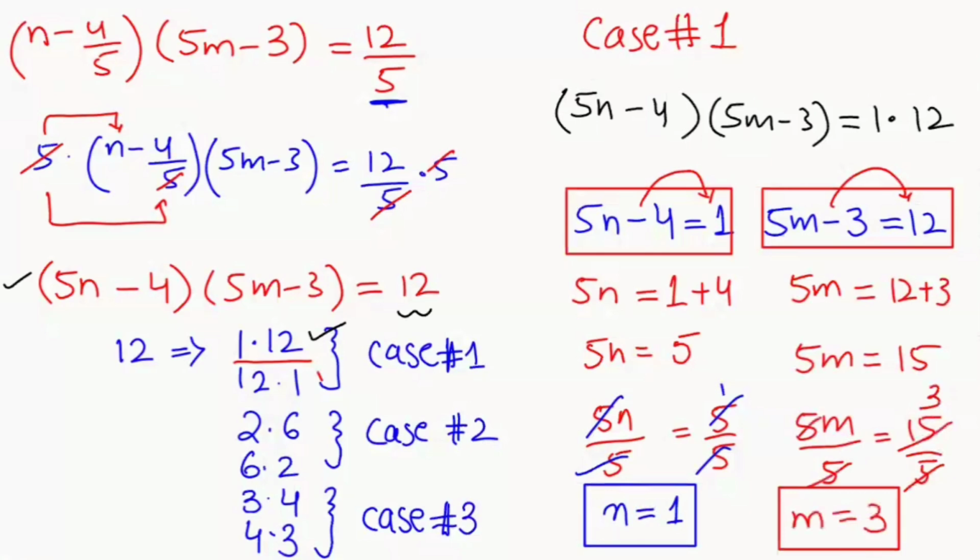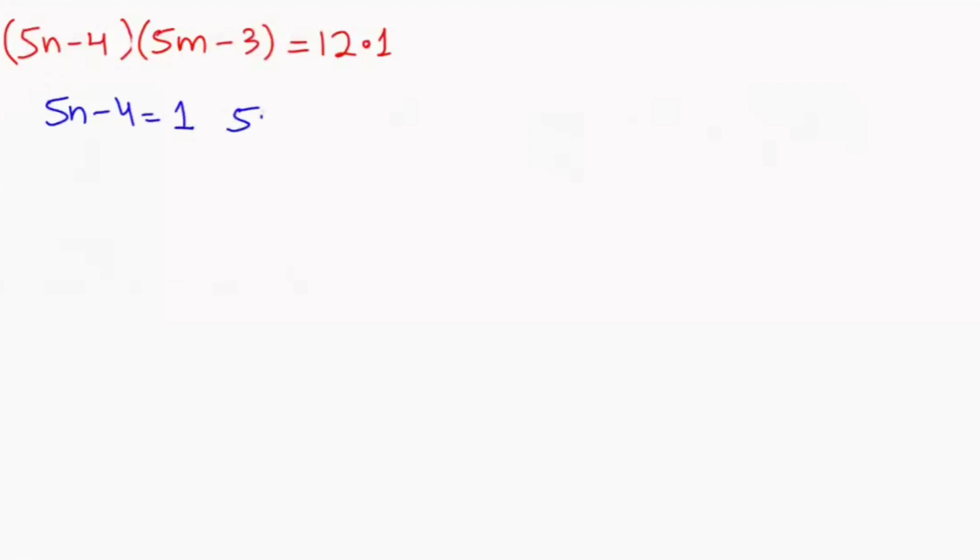Now next I am going to take 12 times 1. 5n minus 4 times 5m minus 3 equals 12 times 1. Now we are going to compare it. 5n minus 4 equals 12, and 5m minus 3 equals 1.